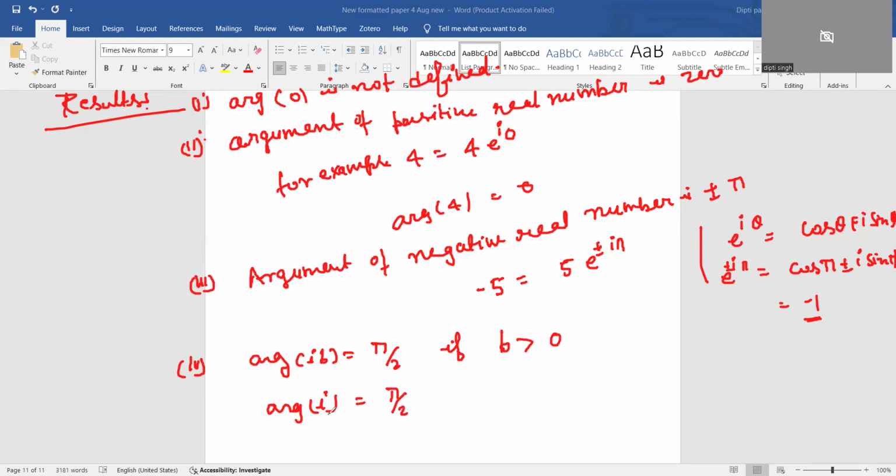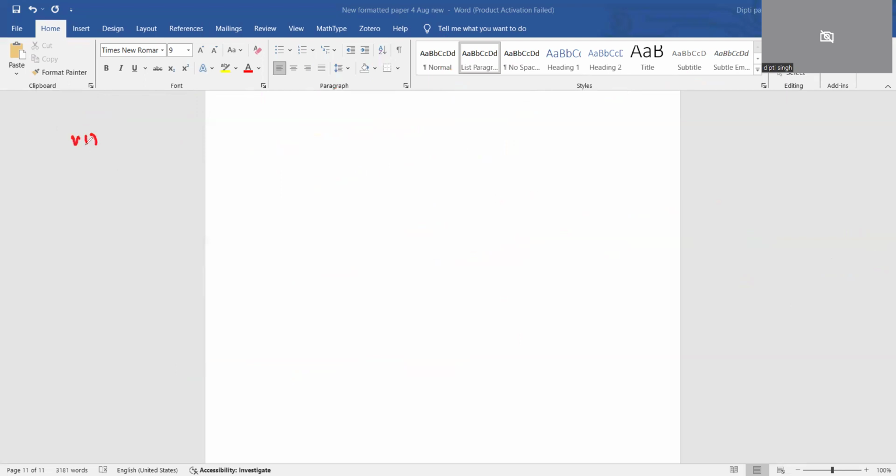Yes, we can say 2i, 3i, 4i, all these have argument pi by 2. The next one, argument of z bar is minus of argument of z.